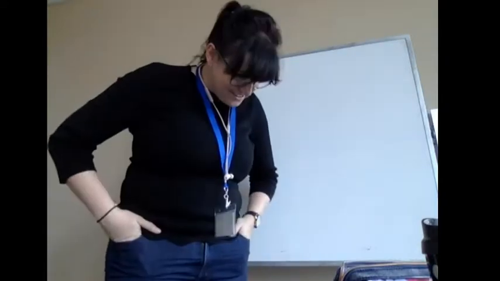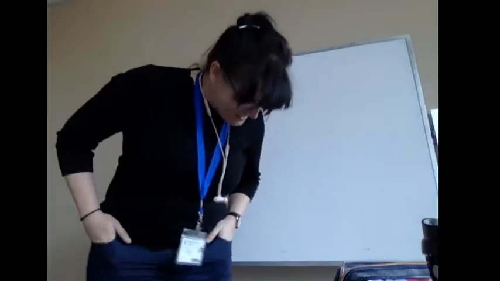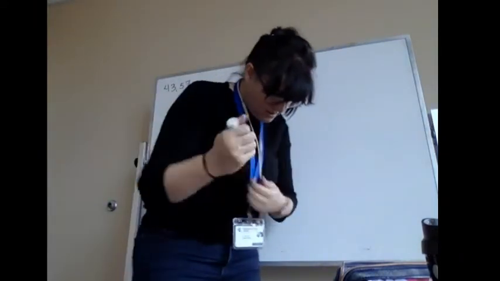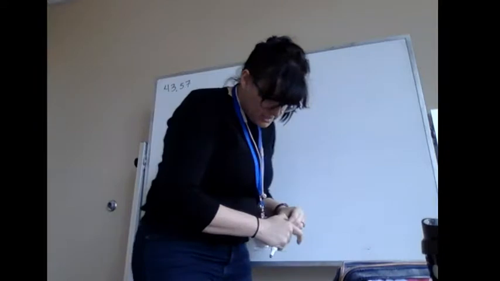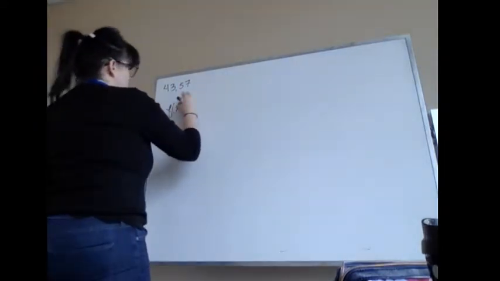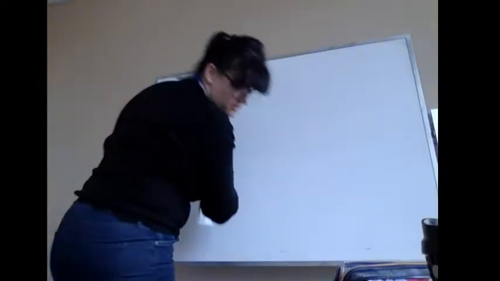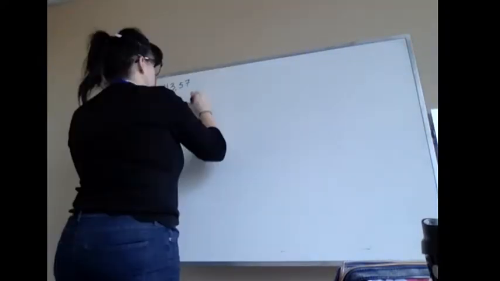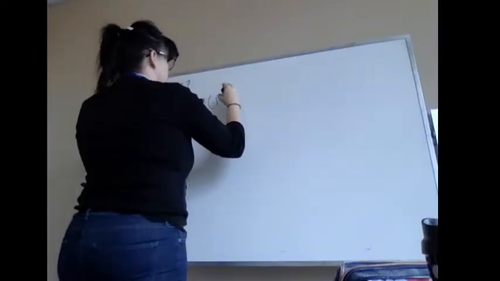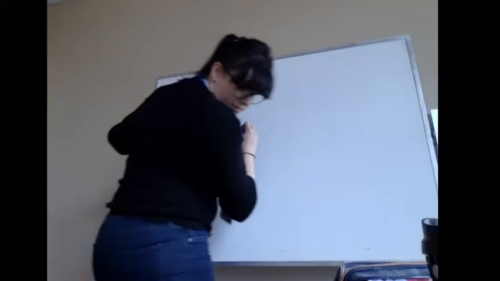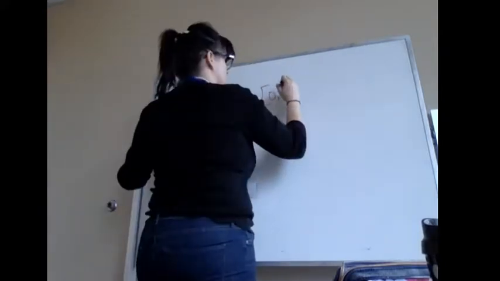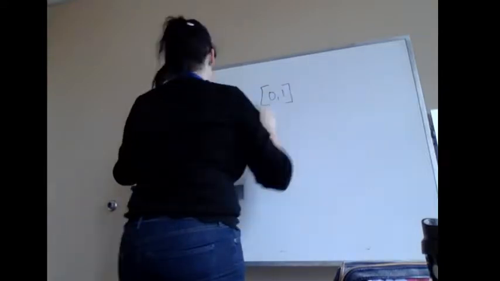Okay, so 57. If a and b are positive numbers, find the maximum value of f of x equals x to the a times 1 minus x to the b on the interval 0 to 1. Okay.